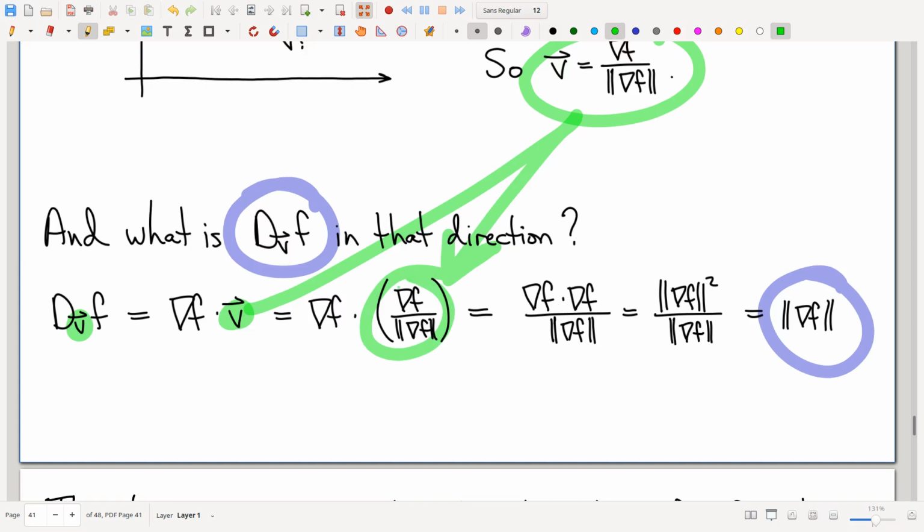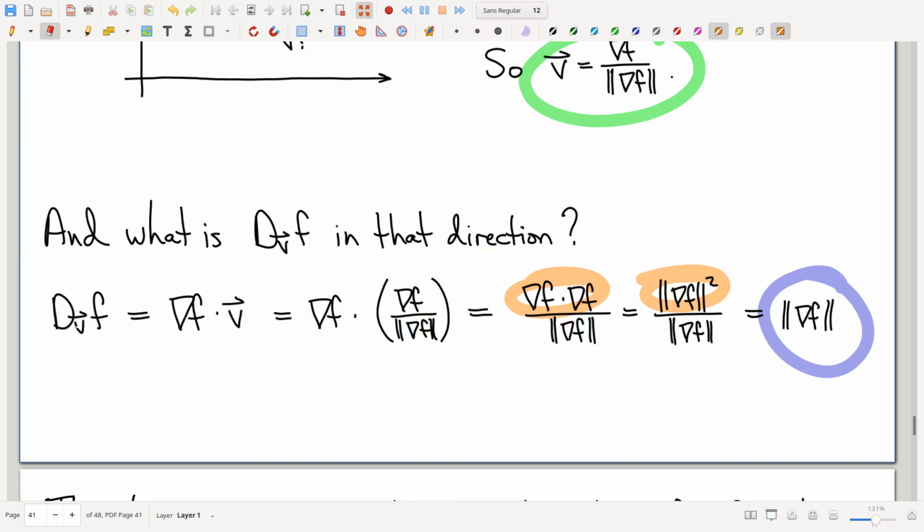Our vector v is, there it is, the gradient divided by the magnitude of the gradient. And then notice, conveniently, here I have gradient dot gradient. That's magnitude squared. And altogether, you have magnitude squared divided by magnitude, which gives you magnitude.